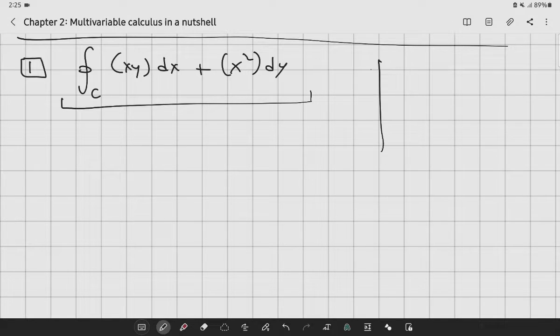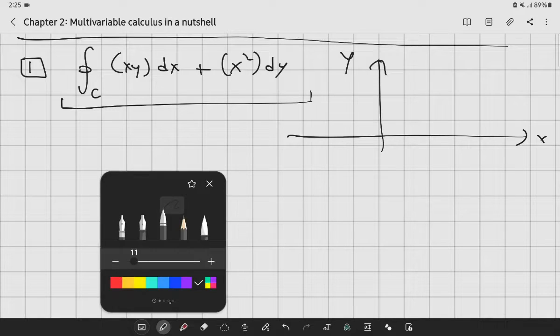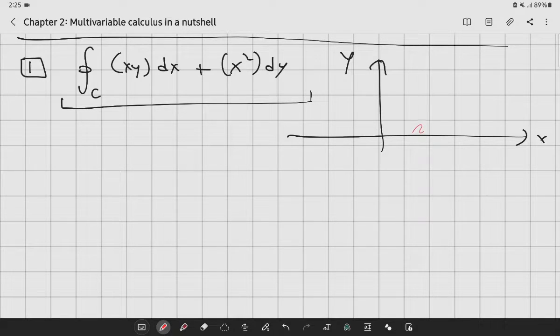And the C they're giving me is in the 2D plane. If this was in 3D, you would have been in trouble, because finding the normal in 3D is exponentially more difficult than in 2D. Anyway, the path they're giving me goes from x equals 1 to x equals 4, and y is a function like this.